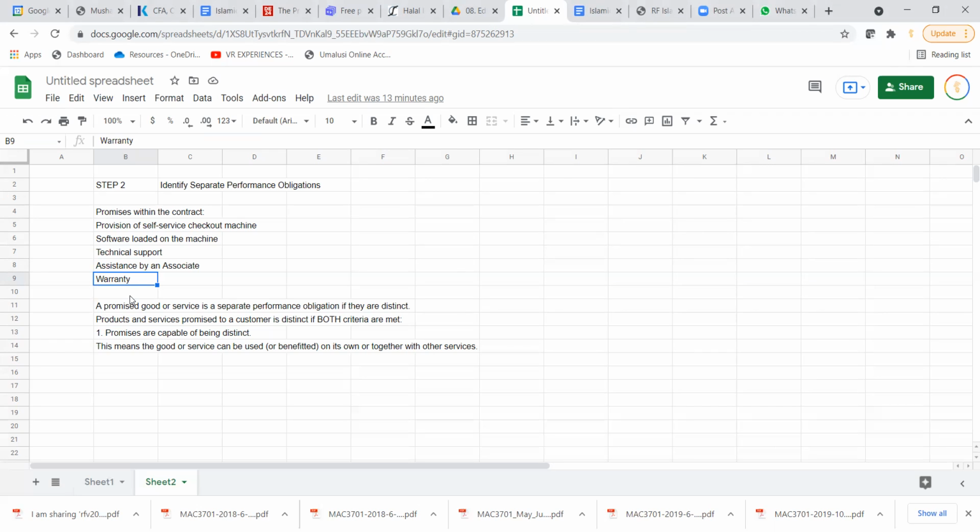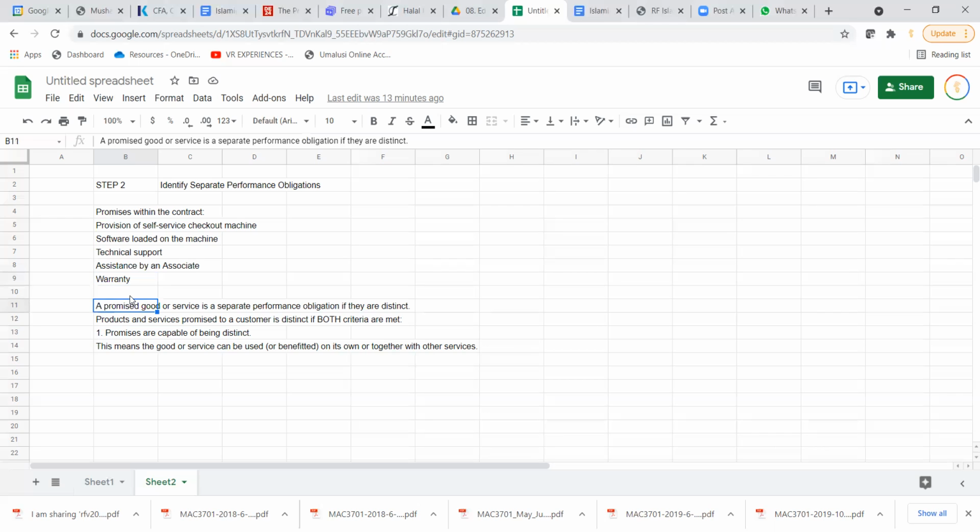If a company sells warranties separately, that indicates the warranty is a separate performance obligation. In this scenario, they don't sell warranties separately. The warranty is only there to ensure that the product operates as it should operate. That's an indication that the warranty is not a separate performance obligation.